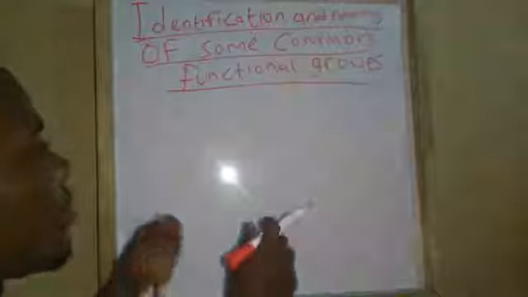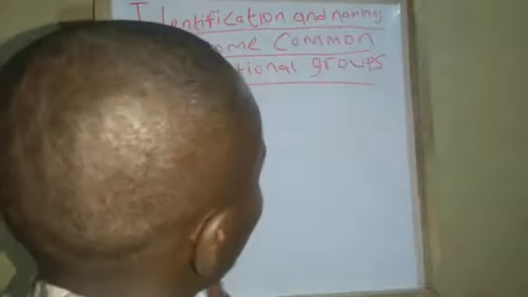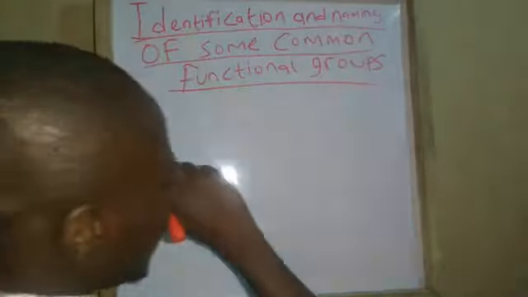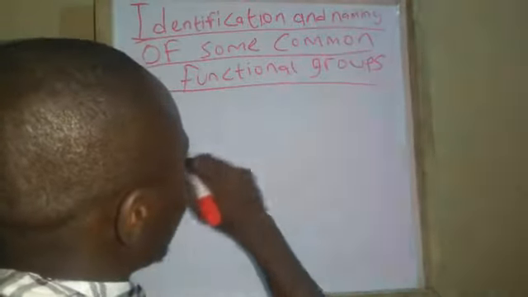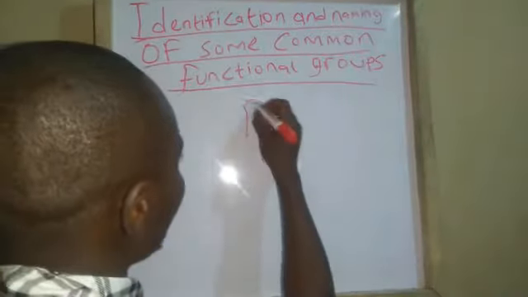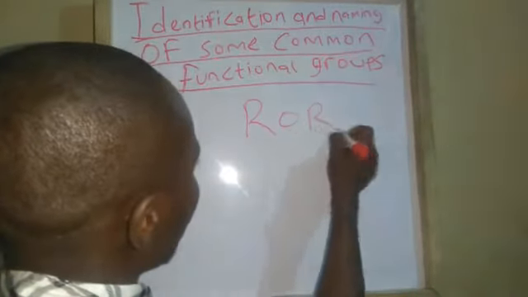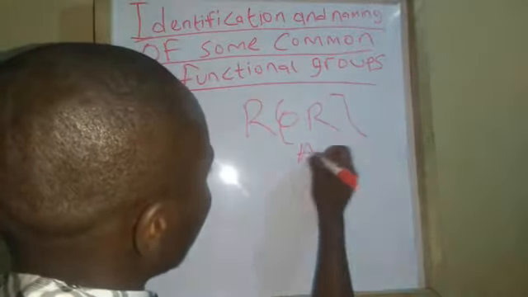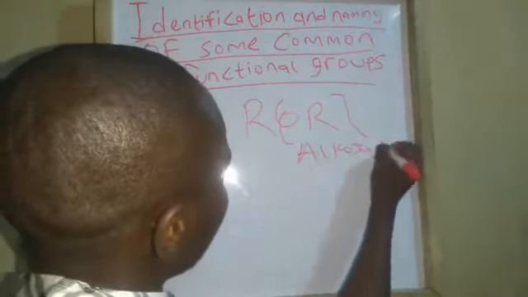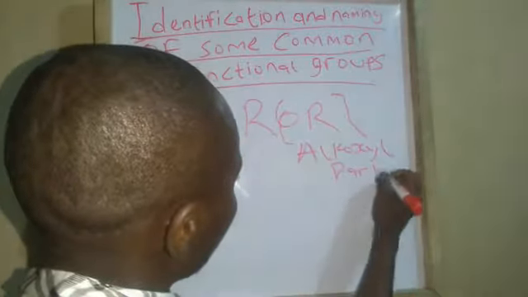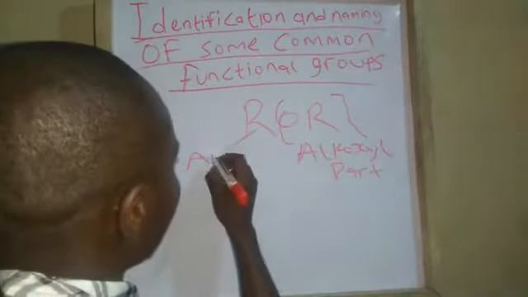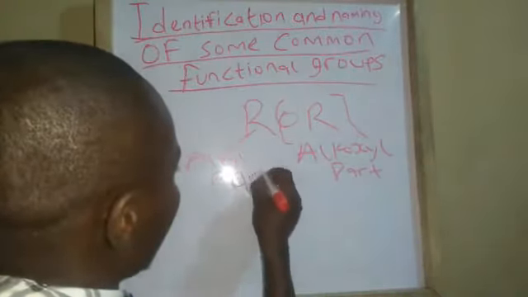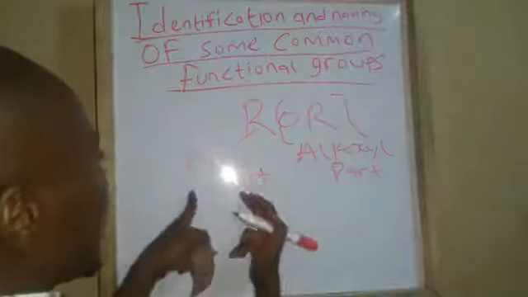If I tell you to draw an ether, there's something I've not told you yet. Ethers are made up of this. Look at here. This part is the alkoxy part, while this is the alkyl part. Are you following? Alkoxy part, alkyl part.